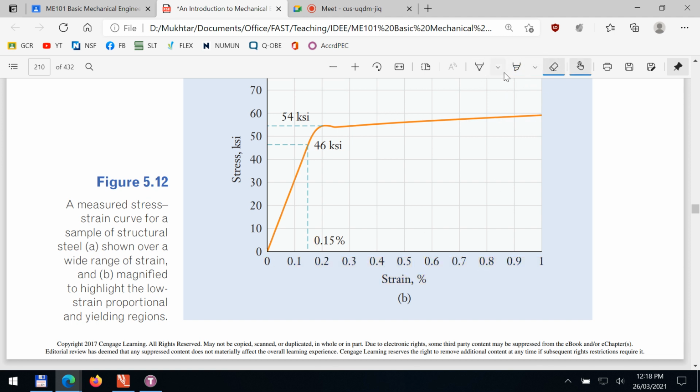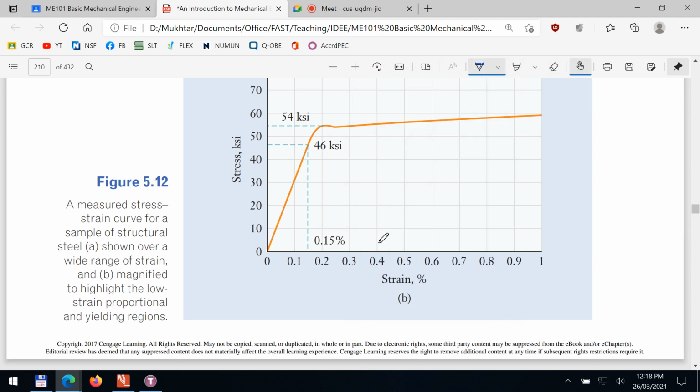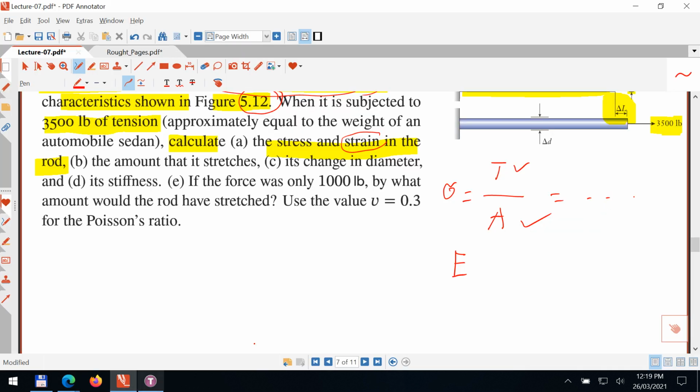It will be this length, which is 46 ksi divided by this length, which is 0.1 times 0.15 times 0.01, yeah, because of the percentage. So from this you will calculate E. समझ आ गई बात? So you know E now. I'm going back to that slide now.